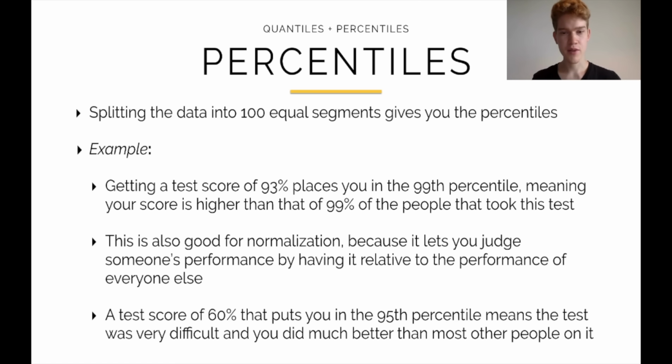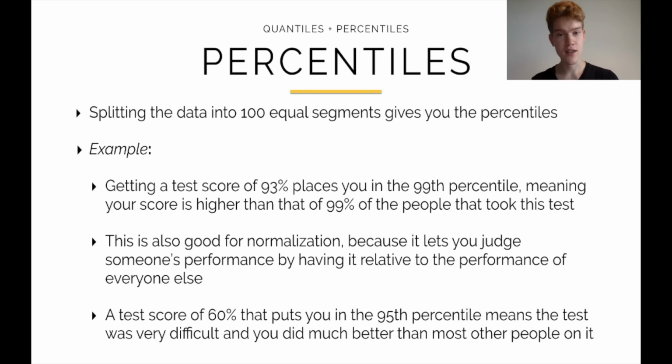And so what you can say with percentiles, for example, is that every percentile that you're in means you're better than that many other people. So for example, if you reach the 99th percentile, that means you're better than 99% of the people that took the test. The 95th percentile would be you're better than 95% of the people that took the test, or something like that. And so that's why percentiles are often used for tests, and they're often used for normalization, because they allow you to take into consideration these factors of like, is it a difficult test?